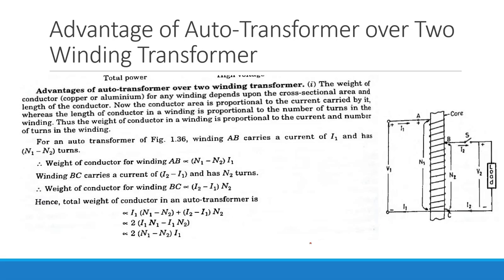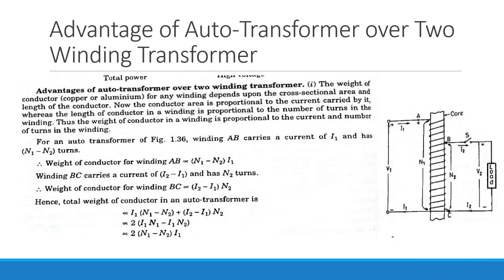And the length of conductor in winding will be proportional to how many turns are there in the winding. So if suppose 1000 turns are there, the length will be accordingly. So weight of conductor for a winding will be proportional to the current and number of turns.